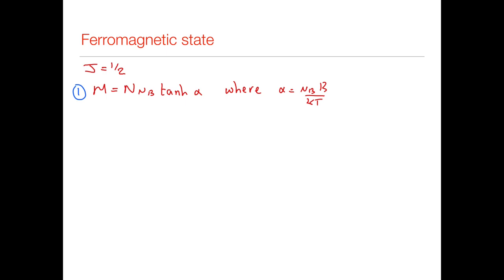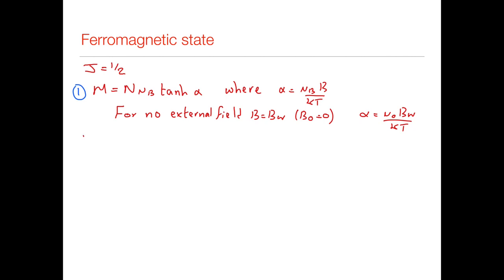We're going to be interested in the situation with no external field, because we want spontaneous magnetization. So for no external field, B is just equal to the Weiss field. In other words, B0 is equal to 0. And this means that alpha is mu naught B Weiss over kT.